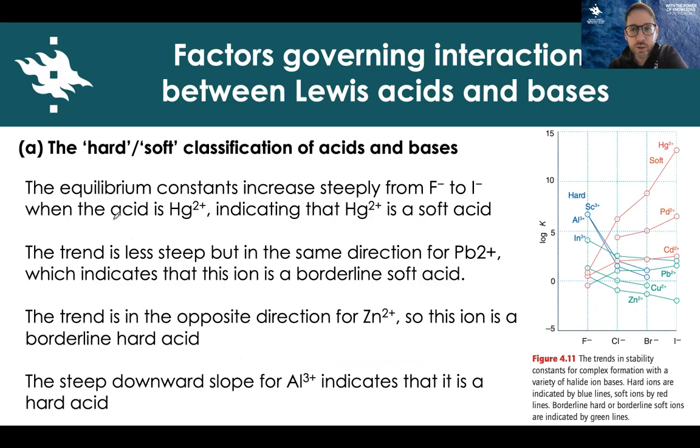So these formation or equilibrium constants increase steeply, for example, from fluorine to iodine when the acid mercury 2 plus is treated. So here we have mercury 2 plus, and here we have the values of the equilibrium constant or formation constant, and here the different halogen atoms.